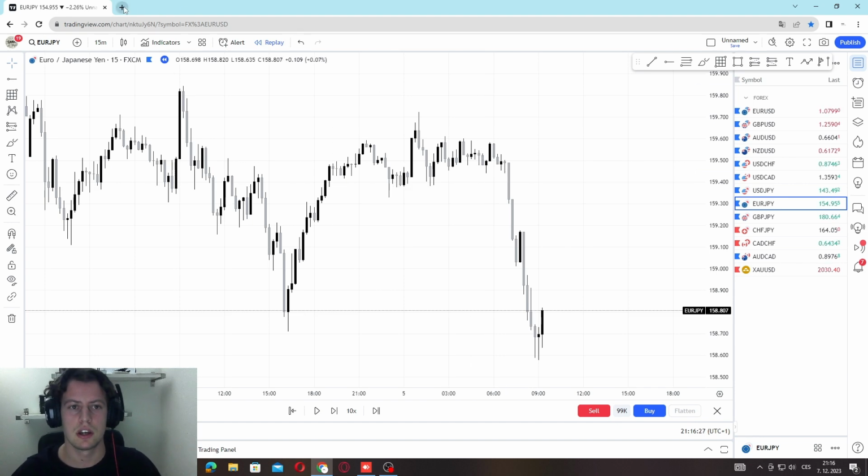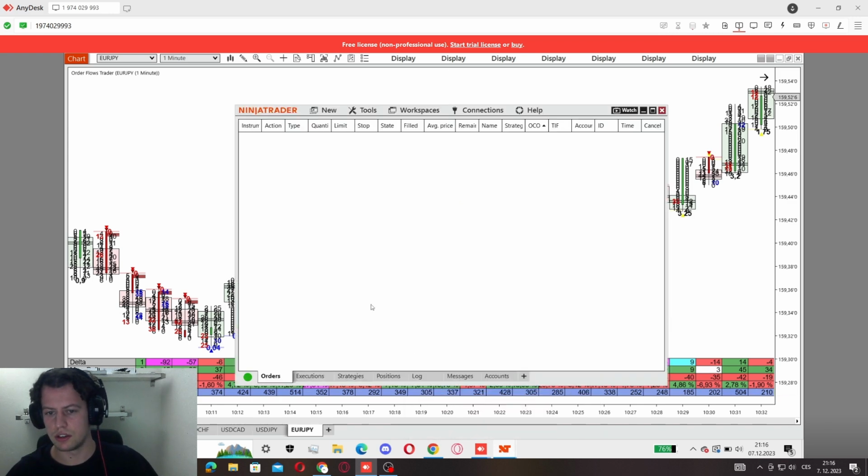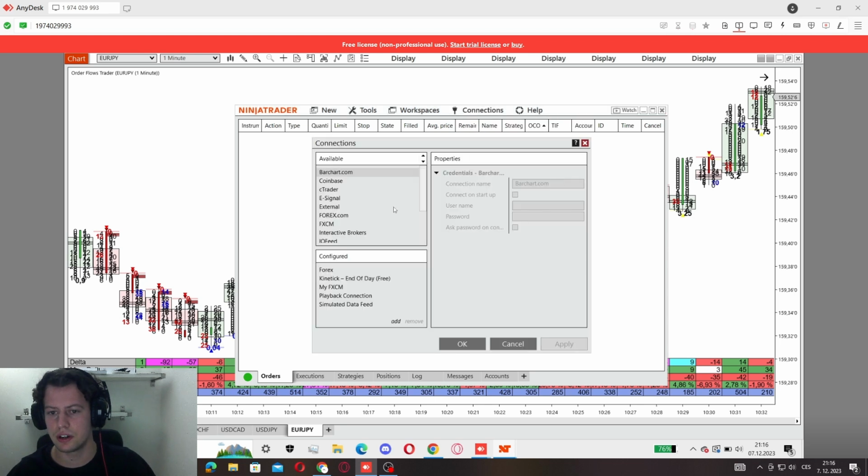So firstly, you have NinjaTrader, you have footprints. I have it on my second computer. You can see NinjaTrader, I have a workspace, I have my accounts, and here you have configure. I personally use the FXCM broker to connect it.